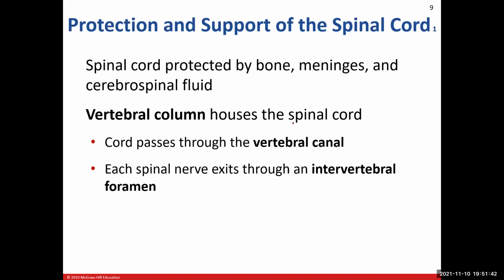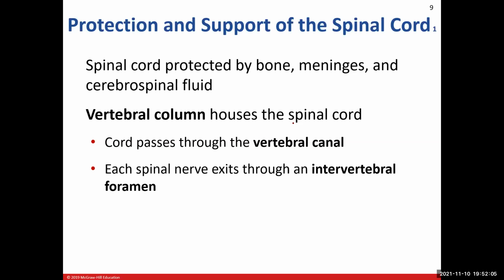And so they're going to offer protection and support to the spinal cord too. Along with that, we'll also have the actual vertebral column, the bone there, offering quite a bit of protection and support. And then of course, our cerebral spinal fluid, we saw what it did for the brain. And so we're going to see how the cerebral spinal fluid is also going to help out with the spinal cord.